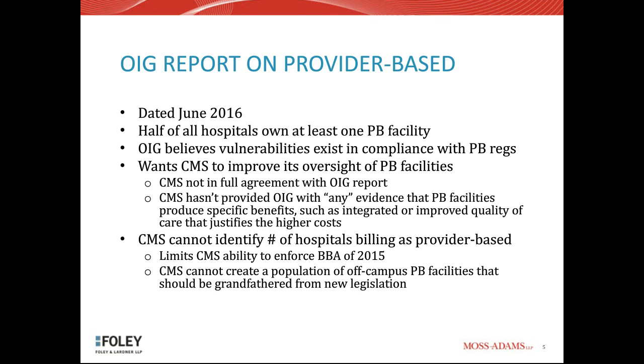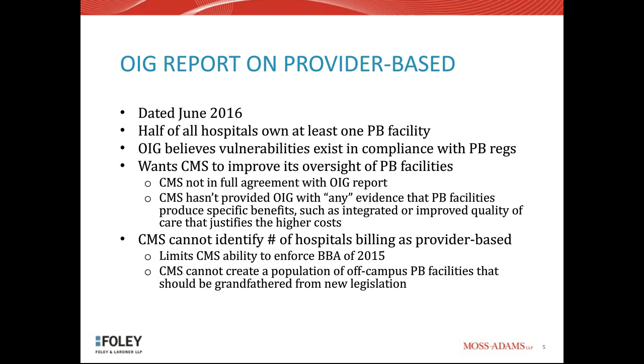So the OIG says half of all hospitals have at least one PB entity. Most of the people on this webinar have more than 6. The OIG believes there are vulnerabilities that exist in compliance with PB regs. Well, we agree. I think there's a lot to consider when you're going to be provider-based and just make sure you're compliant with all of those. But the OIG wants CMS to improve its oversight of provider-based facilities.